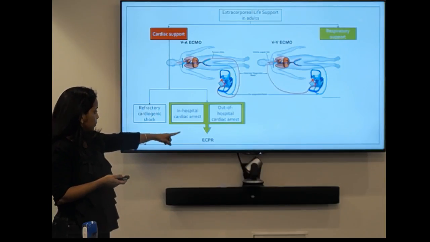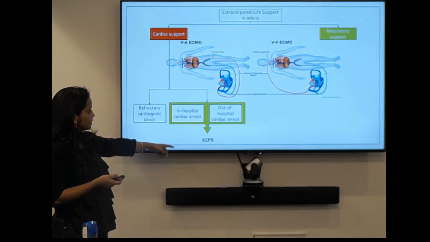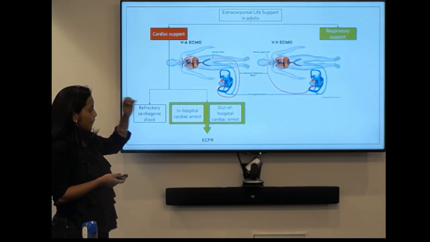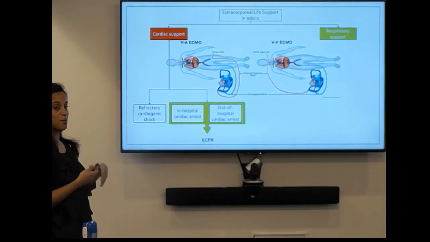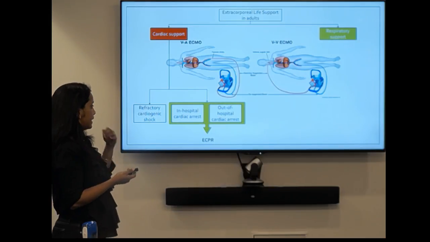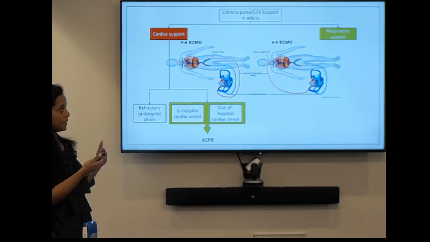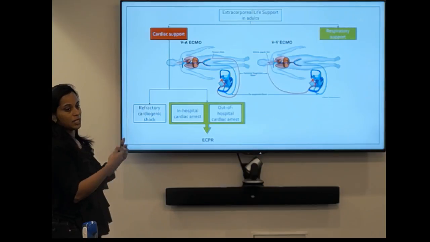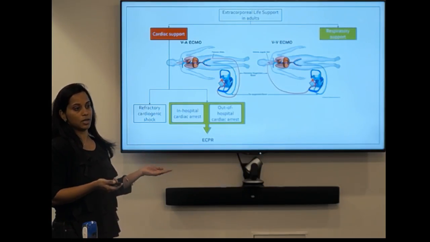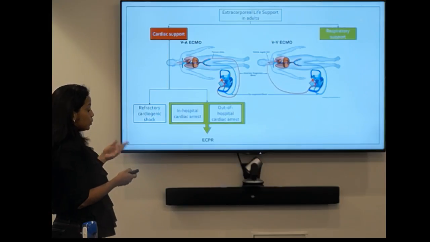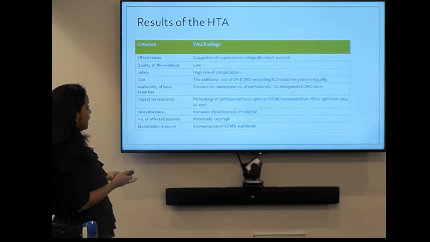Then you have these two, which are cardiac arrest in the hospital and out of the hospital. Now, here, the use in these populations for ECMO is fairly new, and it's called ECPR because these patients come in with cardiac arrest, you initiate CPR, and then you determine whether they go on ECMO. And so those were the populations we looked at.